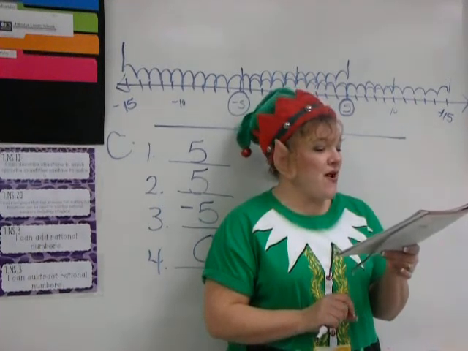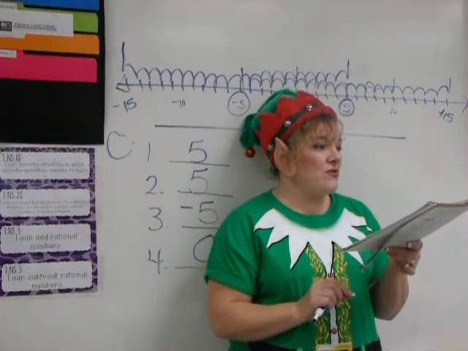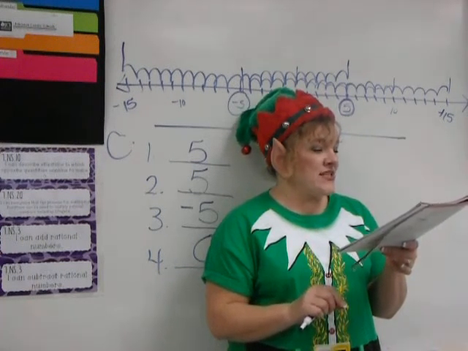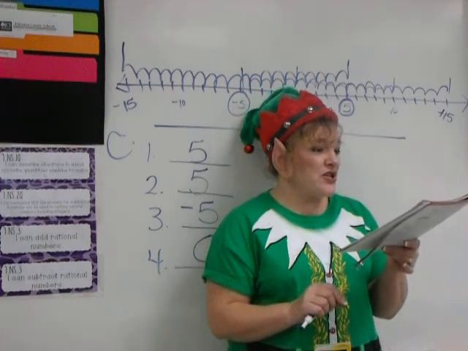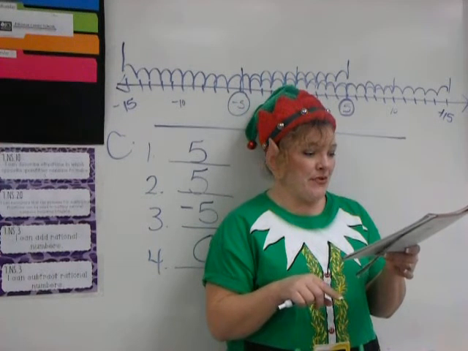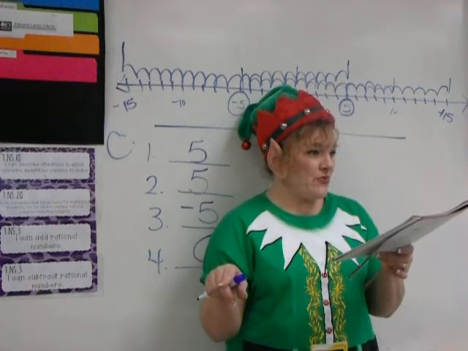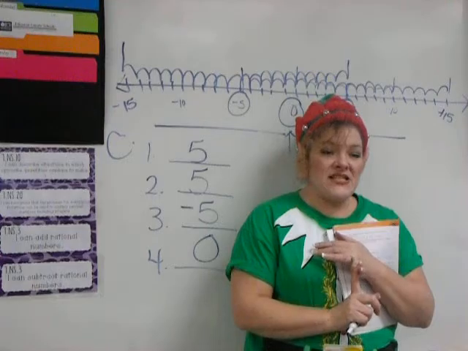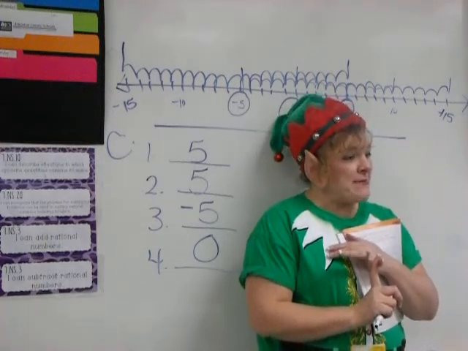It wants you to describe 3 more real-life situations in which opposite quantities combine, which means you're adding opposite numbers to make 0. A battery. Now, remember, positive and negative numbers are used in money.